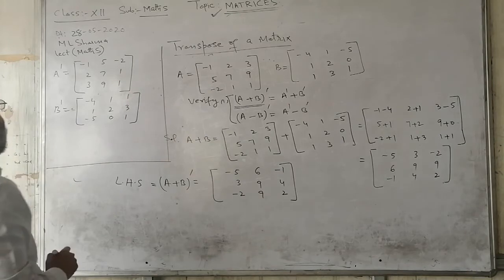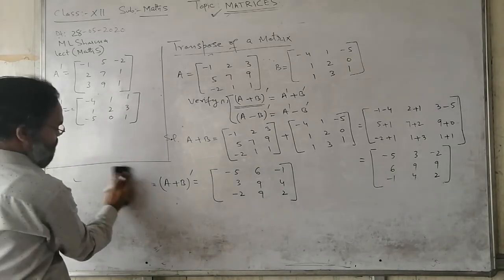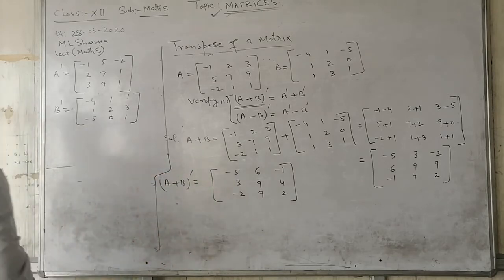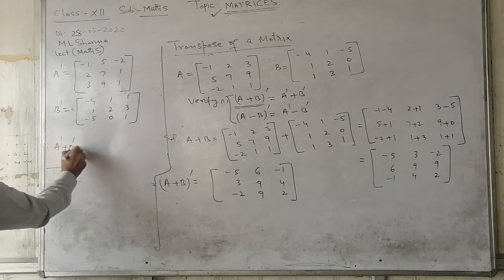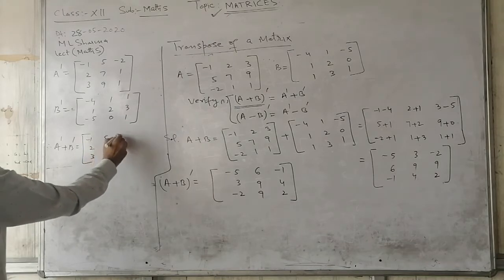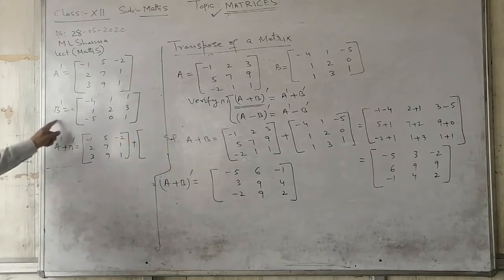So this is B transpose. Now I have to add A transpose plus B transpose. So this will equal to minus 1, 2, 3, 5, 7, 9, minus 2, 1, 1 plus B transpose.